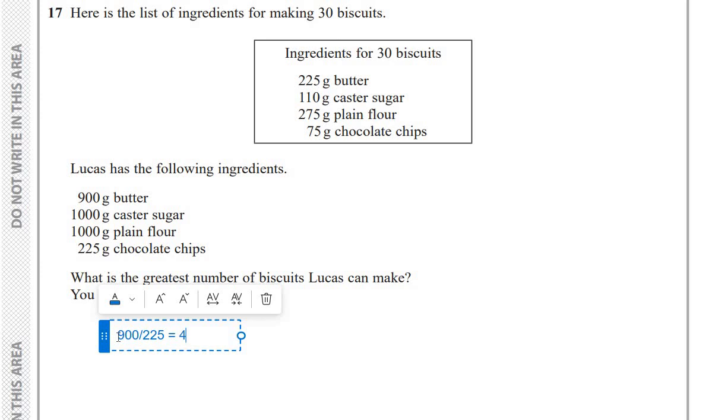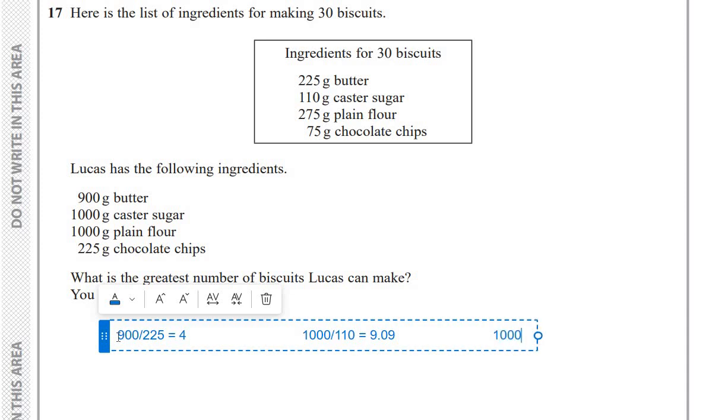That is 4. Then let's check how many he could make with 1,000 grams of sugar. Dividing that by 110 grams gives you 9.09. And then he has 1,000 grams of plain flour, so divide that by 275.